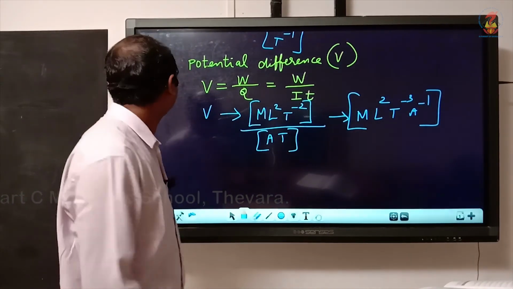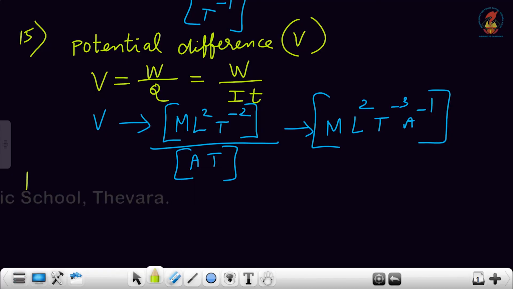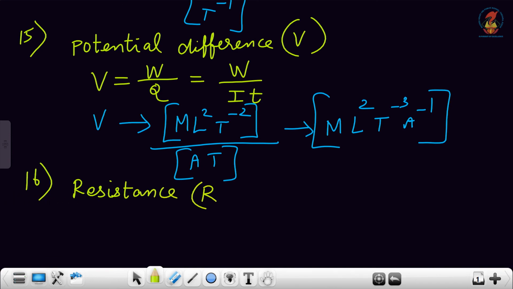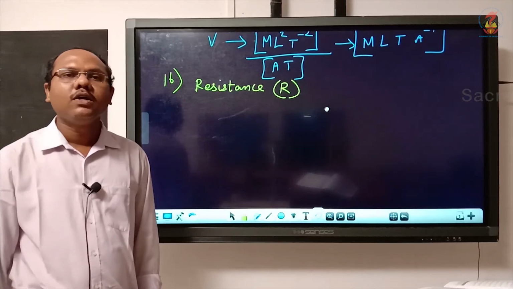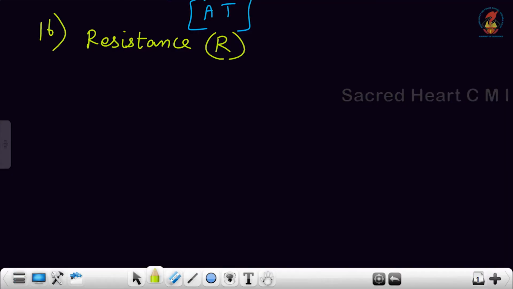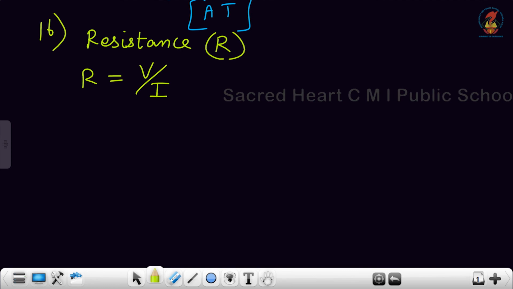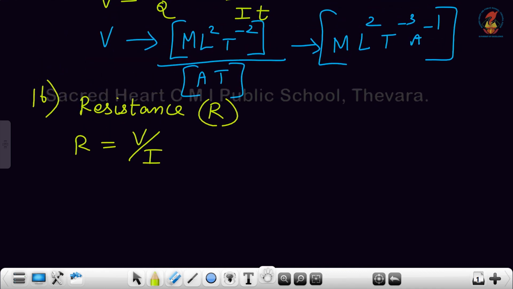Okay. Now the last one, dimension for resistance, capital R. You have already studied R is equal to voltage by current, potential difference by current. The dimension of potential difference we have already found above.